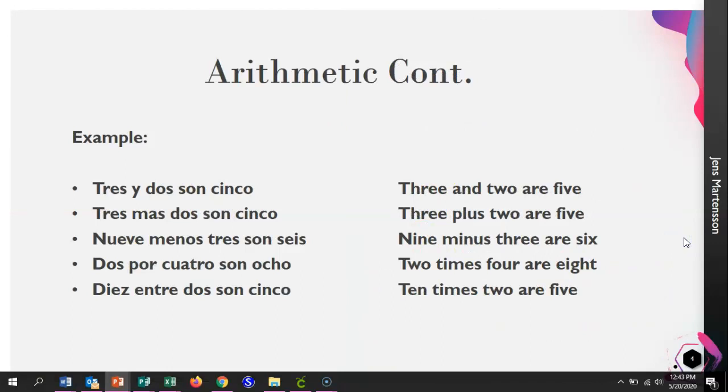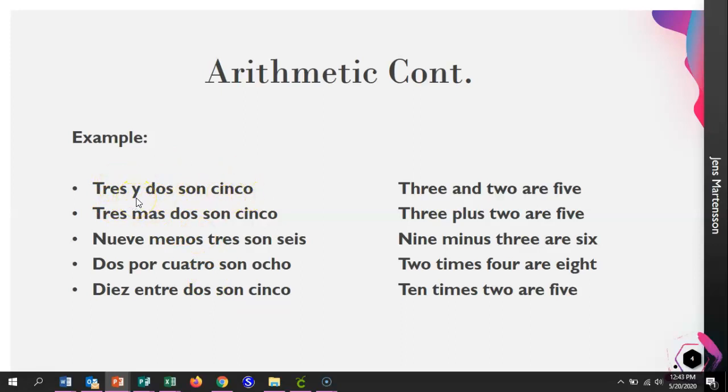As we continue, I've got a couple of examples to go over with you. First, we identify the numbers. If this works better for you, go for it: I would even write 3 on top of tres, 2 on top of dos, and 5. So I've got my numbers identified.